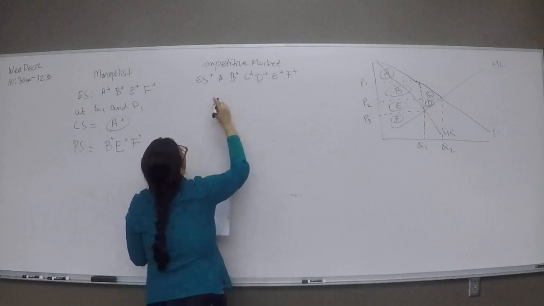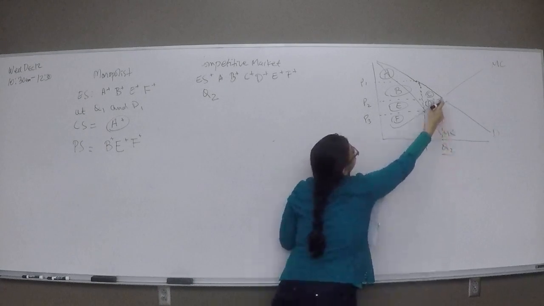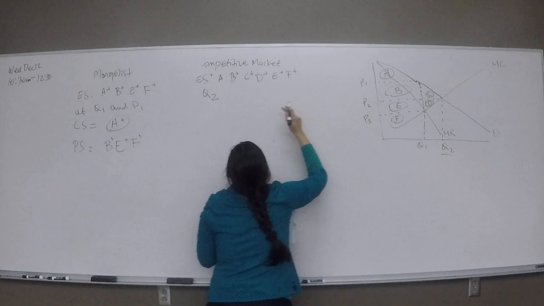The profit maximizing quantity for a competitive market is Q2, and the price is P2.